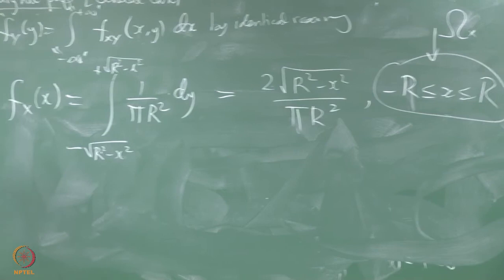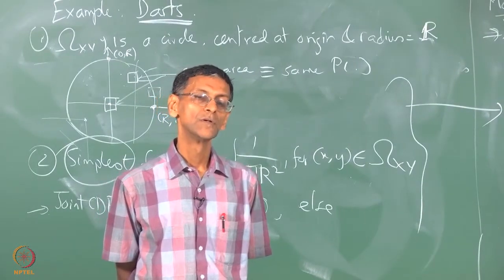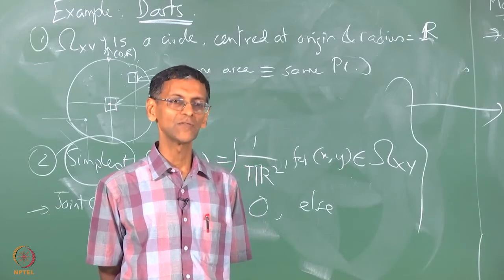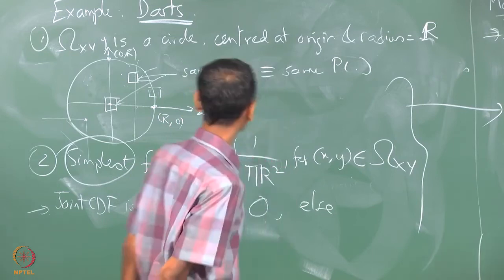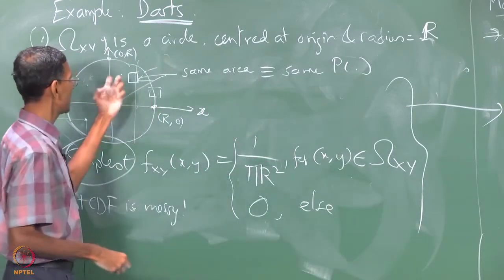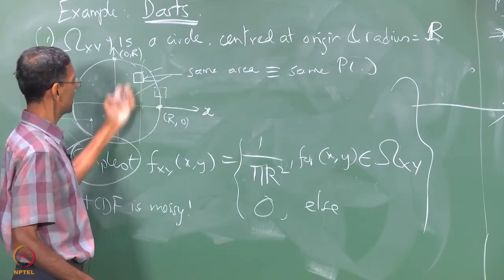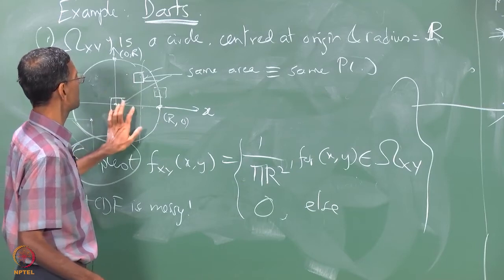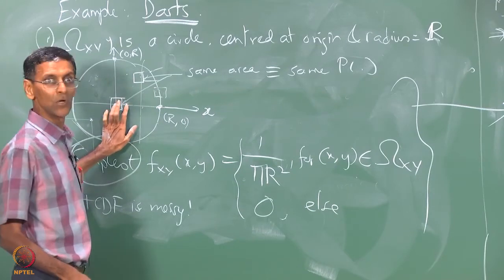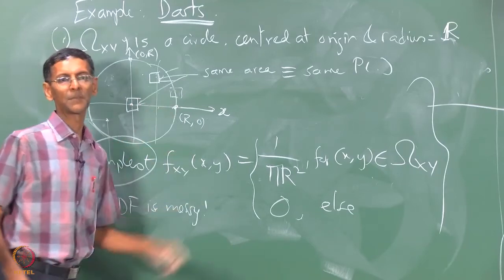Note that this is not a uniform PDF anymore automatically. It has far higher probabilities of taking values closer to the origin than at the extremities. That should be obvious from here, right? If you say any point is equally likely, obviously the x coordinate of that point is more likely to be close to the origin than minus r and plus r.